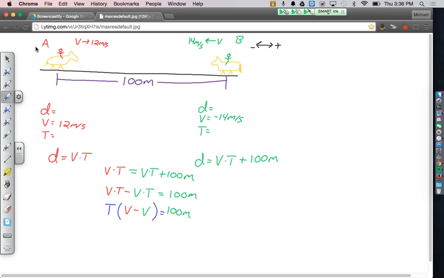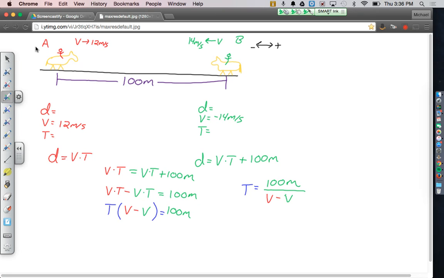From here, I'm going to divide by Albert's velocity minus Benedict's velocity, what's in the parentheses there. That's going to give me on the left side of my equation time all by itself, which is what I want. On the right side, I'm going to get 100 meters alone in the numerator, and in the denominator, I've got Albert's velocity minus Benedict's velocity.